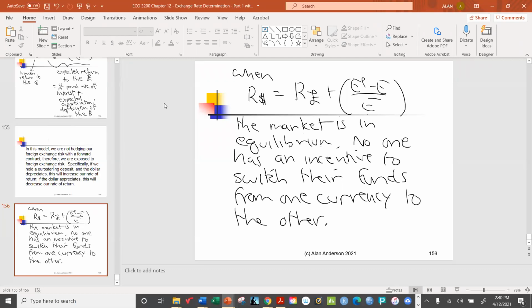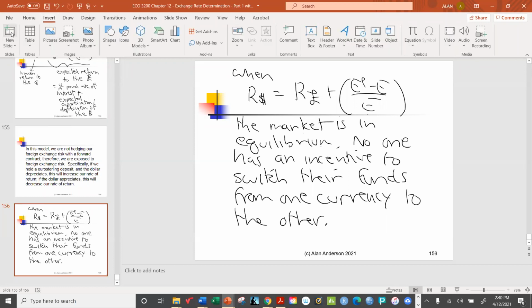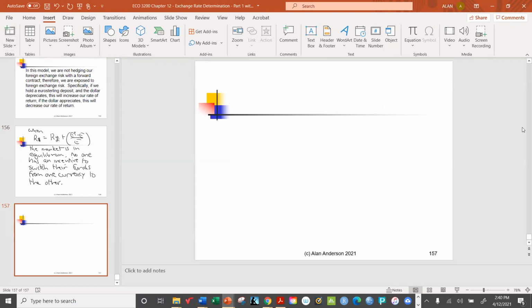And in fact, we can rearrange this equation algebraically and solve for the equilibrium exchange rate.